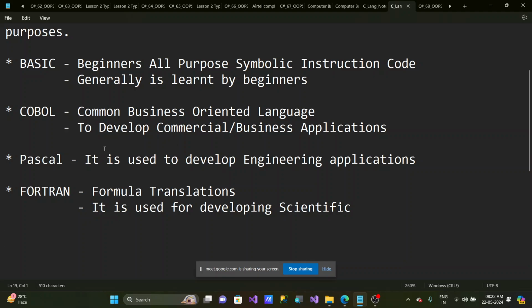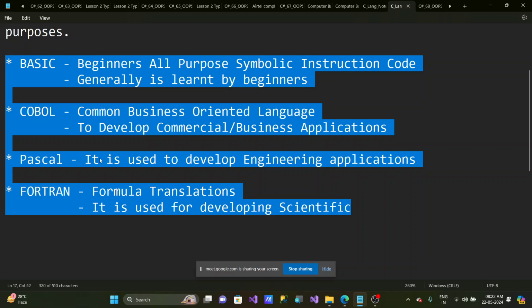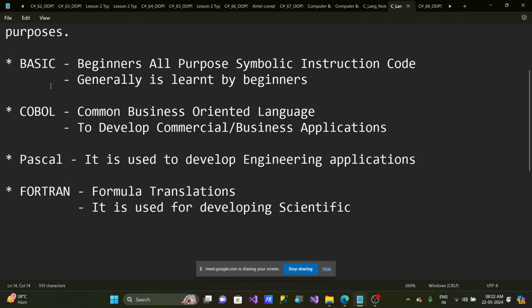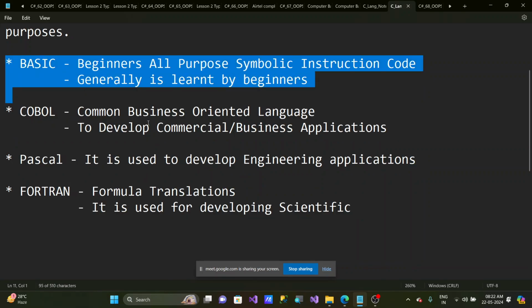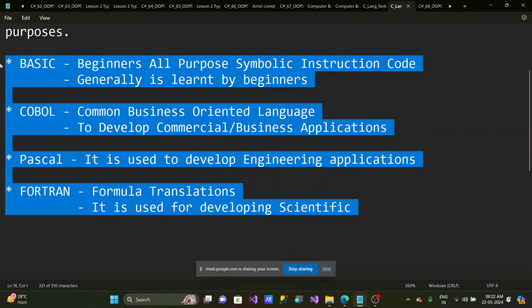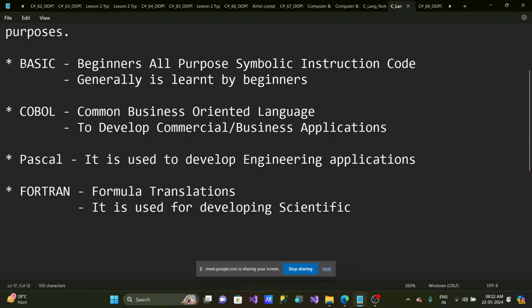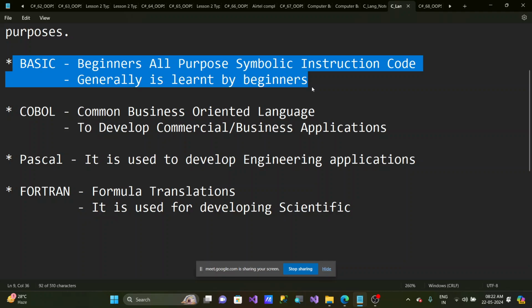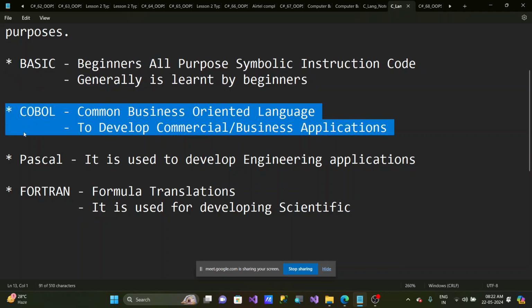So by the time, we have so many different computer languages invented, and every language is meant for a specific purpose. Then why don't we have a common language for all these purposes? Suppose a person started learning BASIC as a beginner, then depending upon his interest he moved to COBOL and developed some applications.